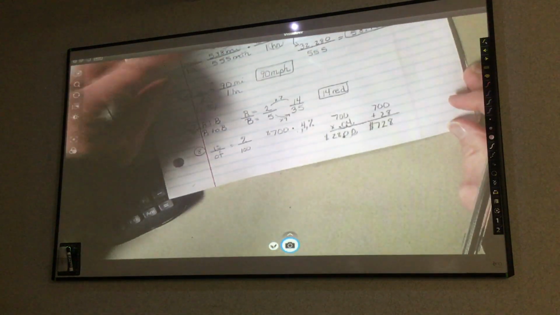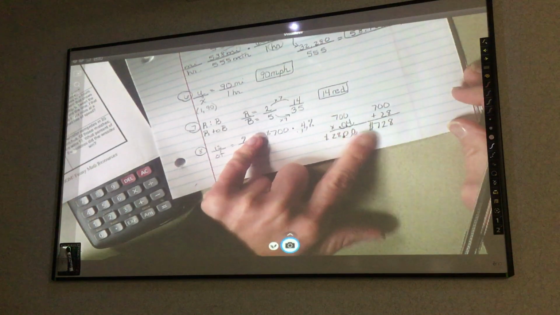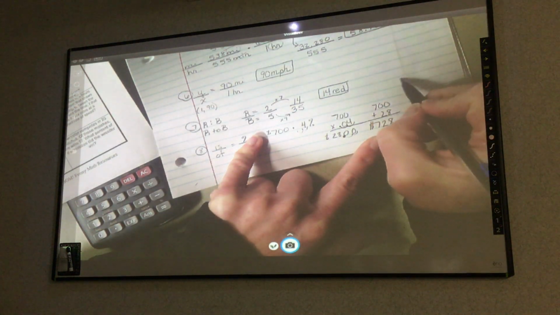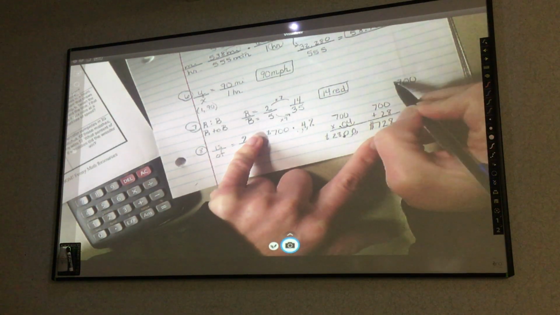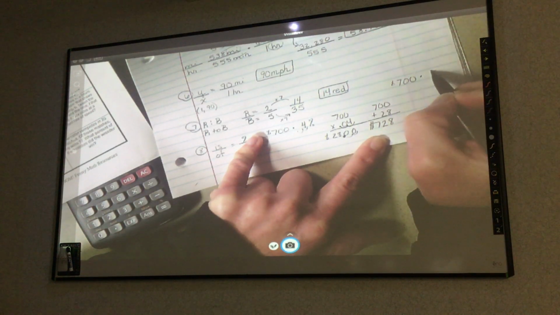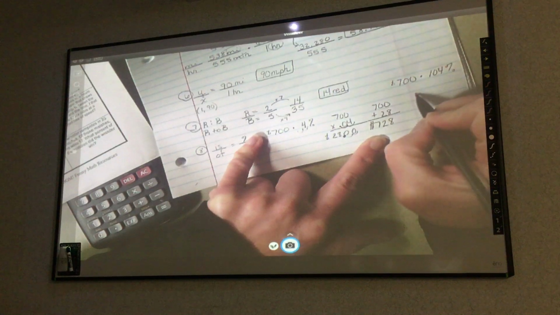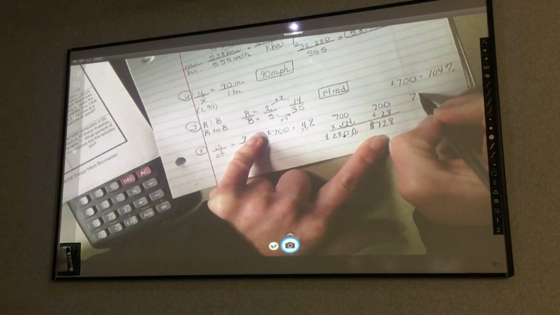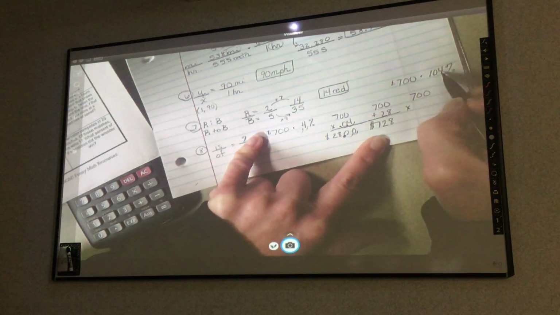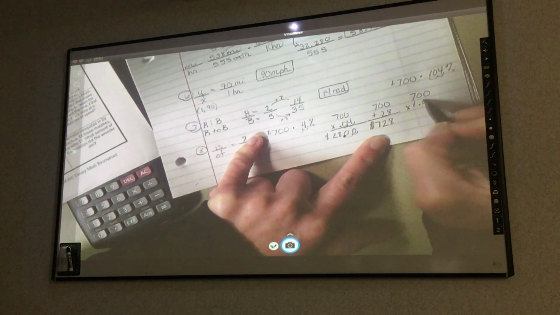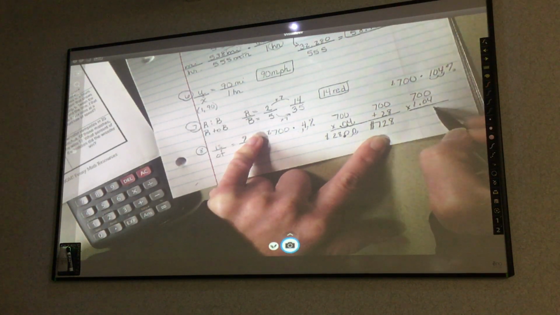Another way I could have done that. I'm going to have 100% of my savings there. They're not taking that away. And if I'm adding 4%, I can just take my $700 times 104%. So it'd be 700 times, move my decimal, 1.04. Do my math.